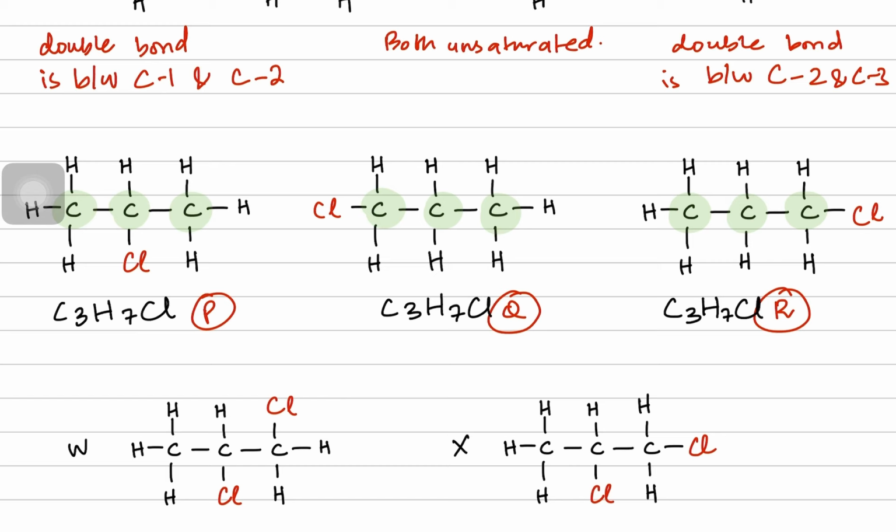For example, in the case of the first compound, I have chlorine in the middle. In the second compound, I have chlorine on the left, and in the third compound, I have chlorine on the right. Now, how are they different? When you number these carbon compounds like 1, 2, and 3, for the middle compound, Q, you would want to number it from the left hand side because the chlorine is towards the left hand side. And remember, it was our rule.